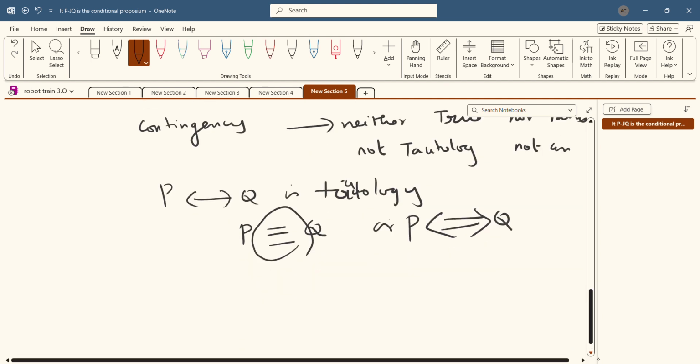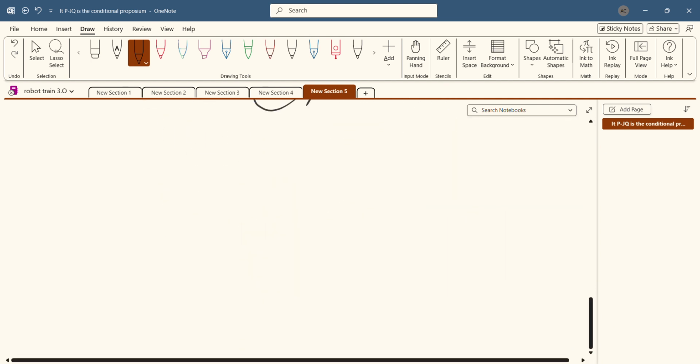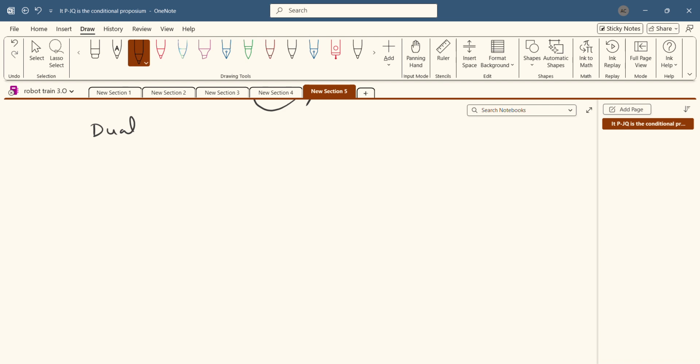So next we are going to define the dual law, the dual statement. What do you mean by dual?